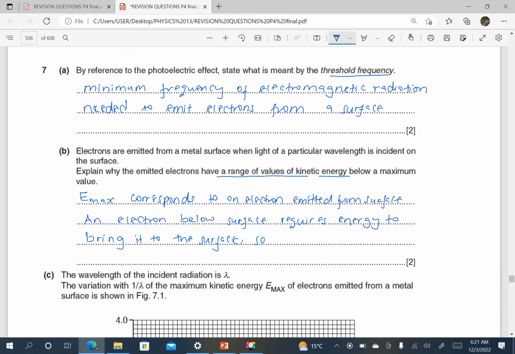So its kinetic energy will be less than Emax, the maximum.